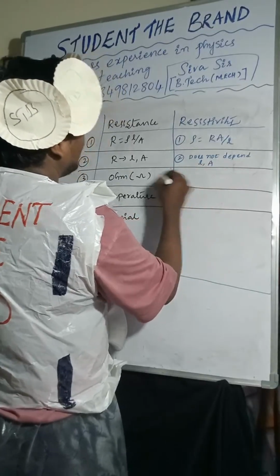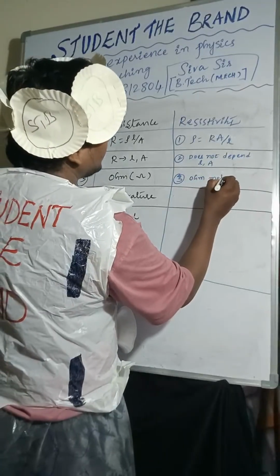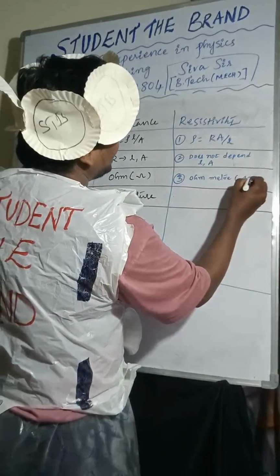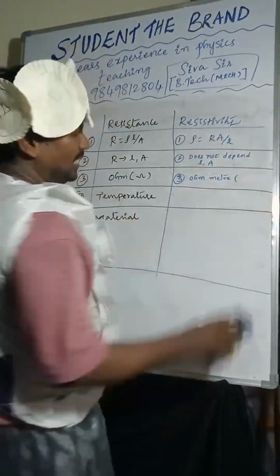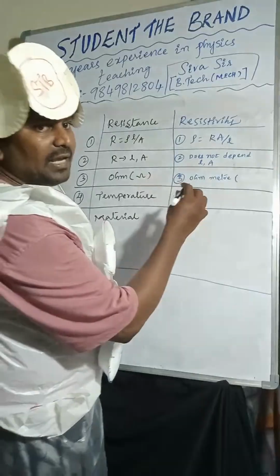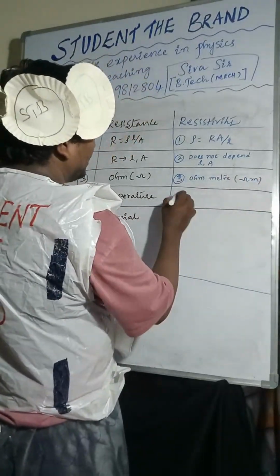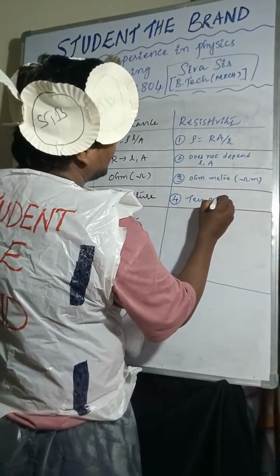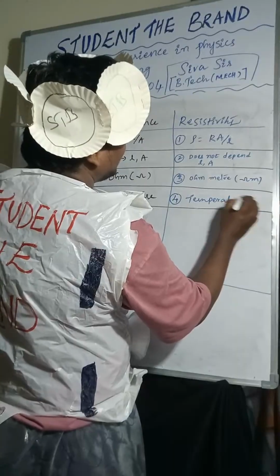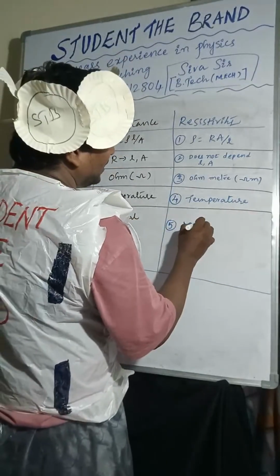Third one, the unit is ohm meter. The symbol is very very important, in problems they will ask about ohm meter. Next, fourth one, it depends on temperature also. And fifth one, it depends on material also.